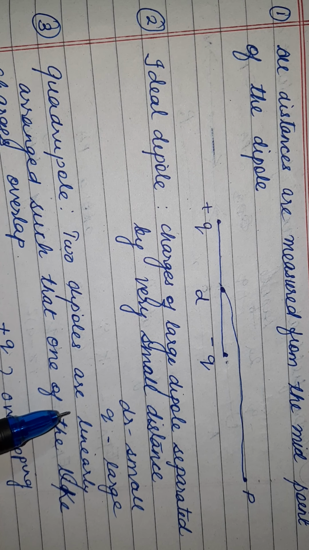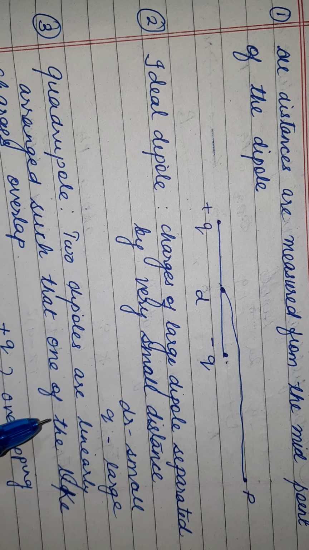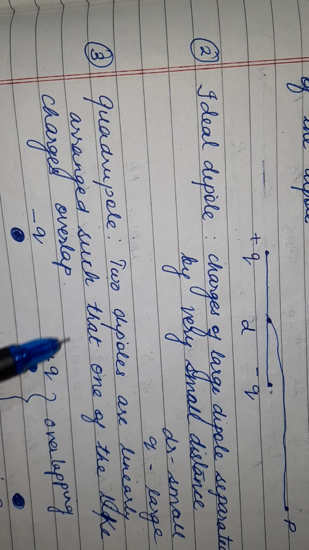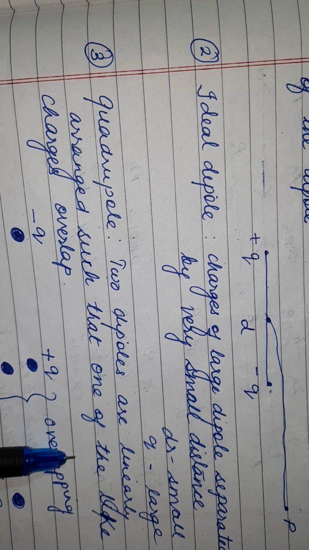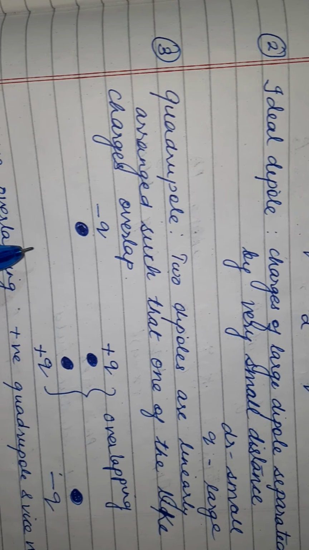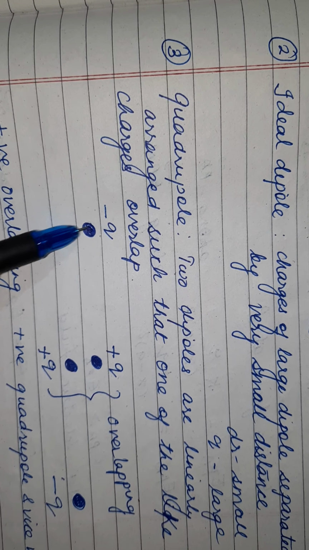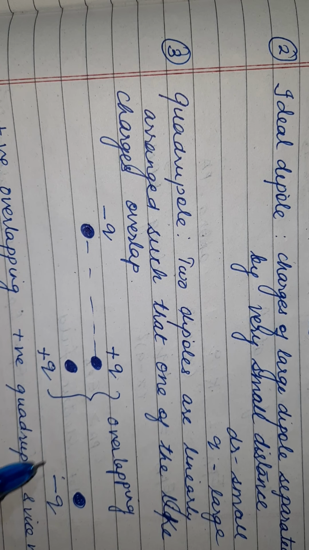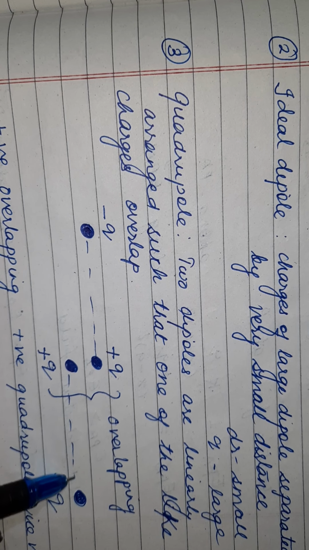Then what is a quadrupole? Two dipoles are linearly arranged such that one of the like charges overlap. Here you can see this is a dipole, minus Q and plus Q, and there is one more dipole.